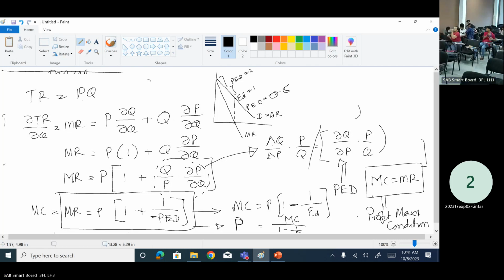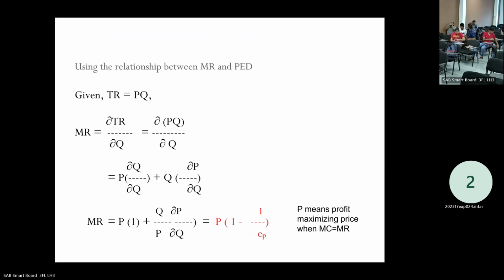Right, so we identify the relationship between the marginal revenue and the price elasticity. By rearranging the equation that we derive, marginal revenue equals price times 1 minus 1 over price elasticity, we can express the price.